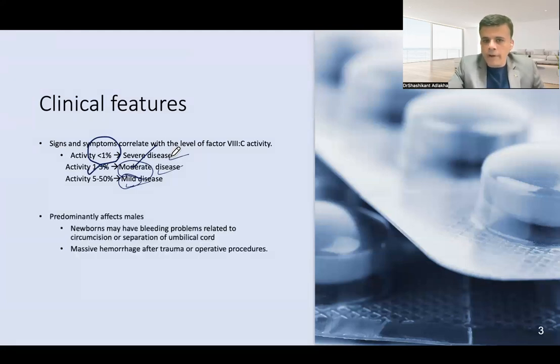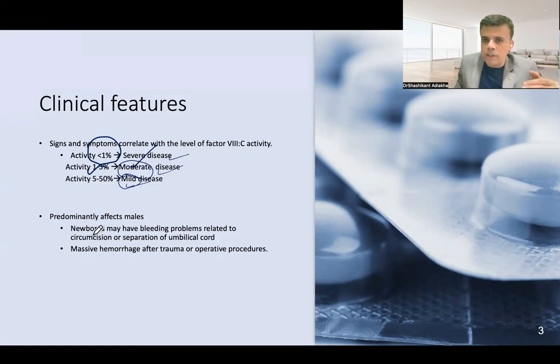So it predominantly affects males. What are going to be the clinical features of hemophilia? Typically, severe disorders present immediately after birth, within a few hours, and that is the typical manifestation of severe disease.